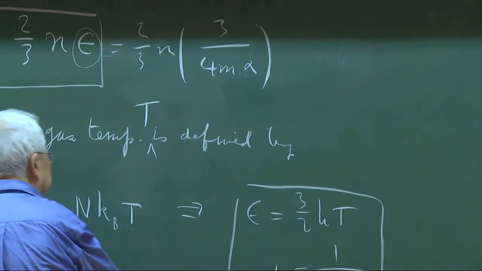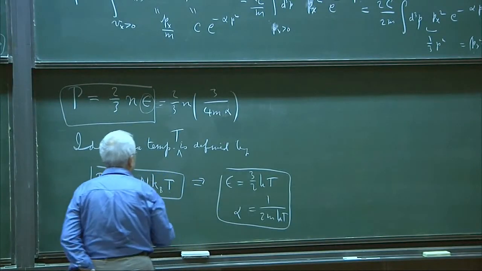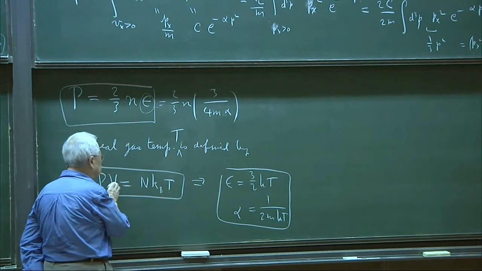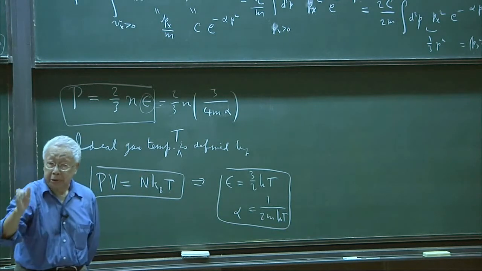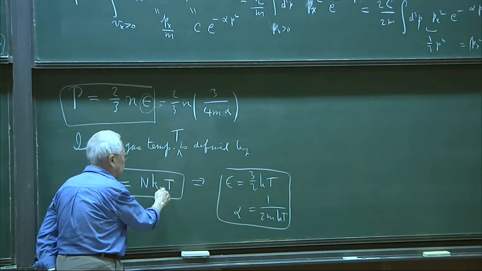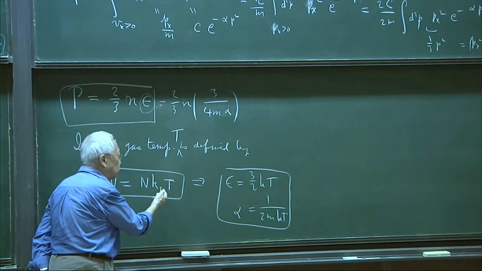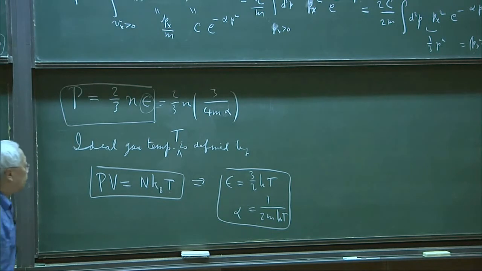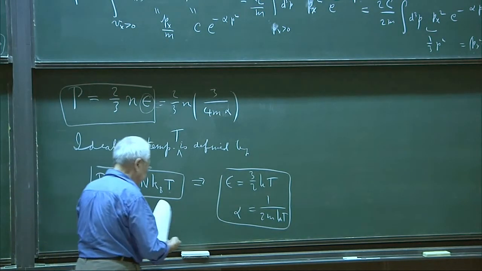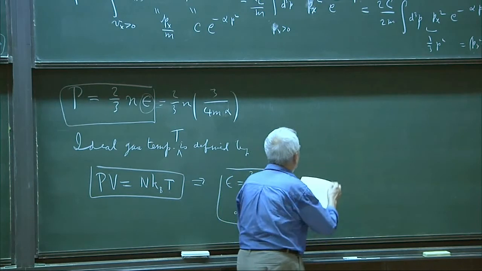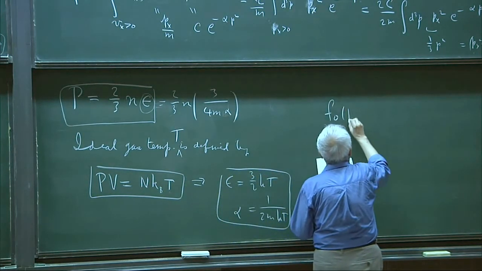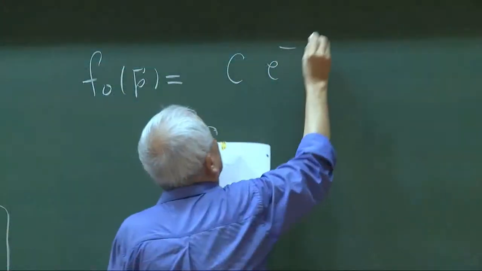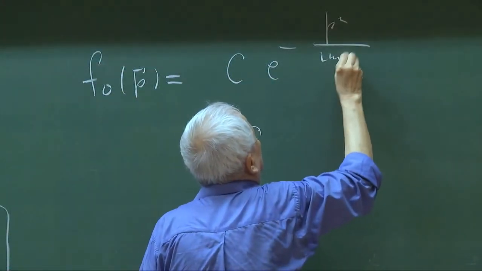So now this is the ideal gas law. You notice that T is a definition. It's just defined by PV. You take PV, you divide it into equal intervals, and you call it T. And the Boltzmann constant, kB, is a constant in order to supply the unit, the degree Kelvin, and N is the number of particles. And therefore now f0(p) is equal to C e to the minus p squared over 2mkT.